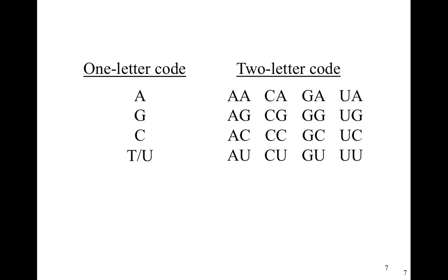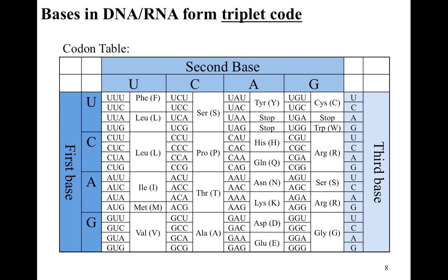We have a triplet code. The bases in DNA and RNA form a triplet code to make an amino acid. Up on Blackboard is this codon table for you to use. You will probably want to save it or print it out so that you have it available for activities that we are going to do.